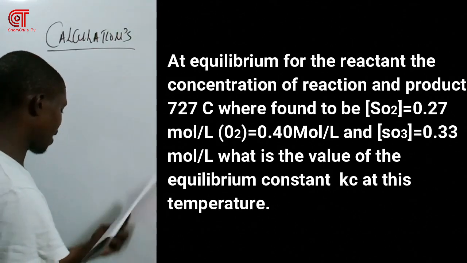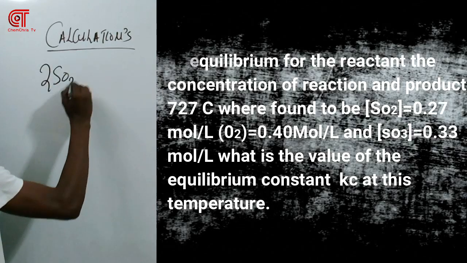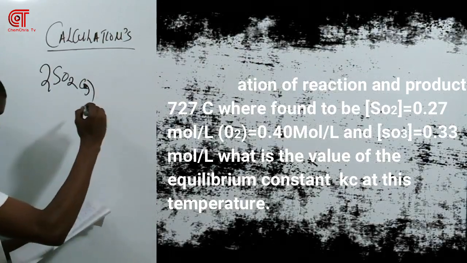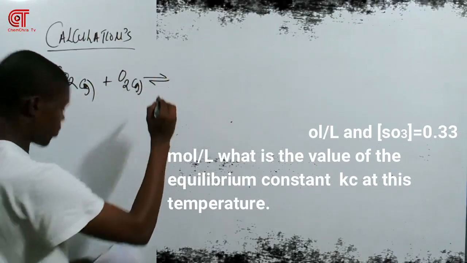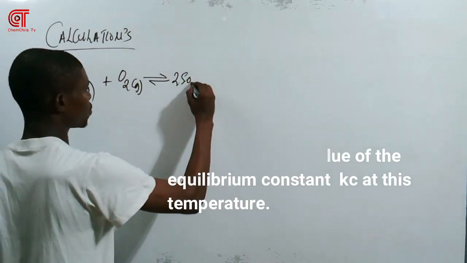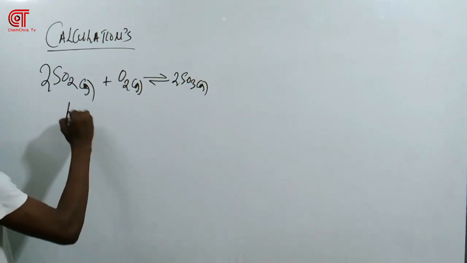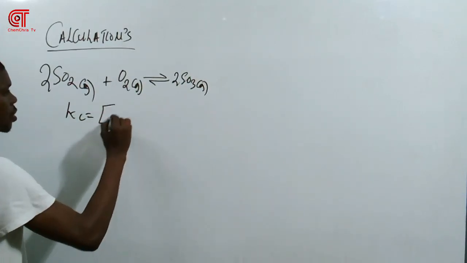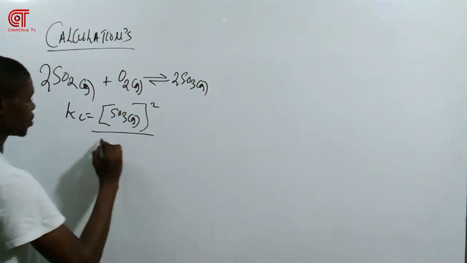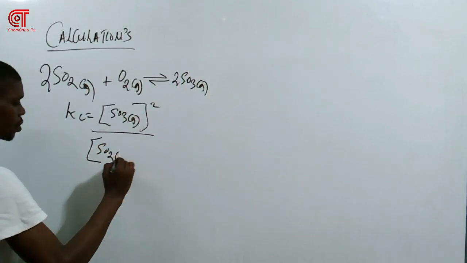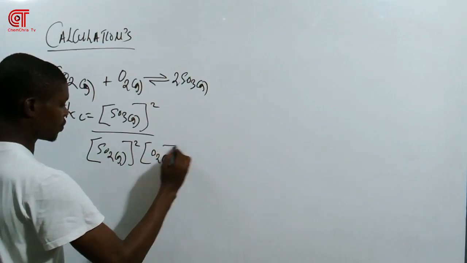The first thing to do is write the reaction: 2SO2 gas plus O2 gas gives 2SO3 gas. So the Kc expression is SO3 gas squared over SO2 gas squared times O2 gas.